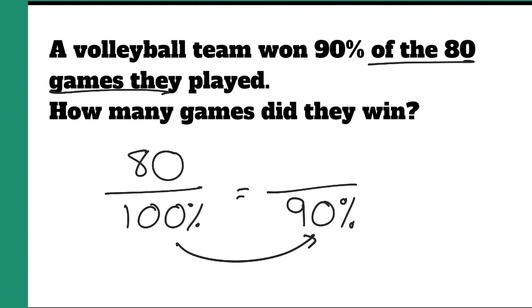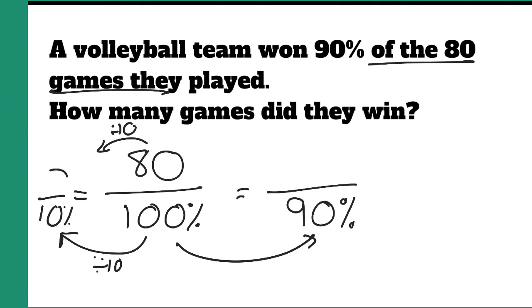So what we need to do is figure out what would 10% be. Well, to go from 100% down to 10%, we would divide by 10. So then I would take 80, divide by 10, which gives me 8. So then now I can do 10 times 9 is 90%. So 8 times 9 is 72.